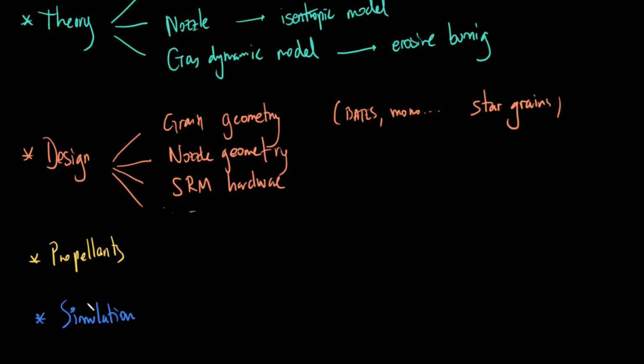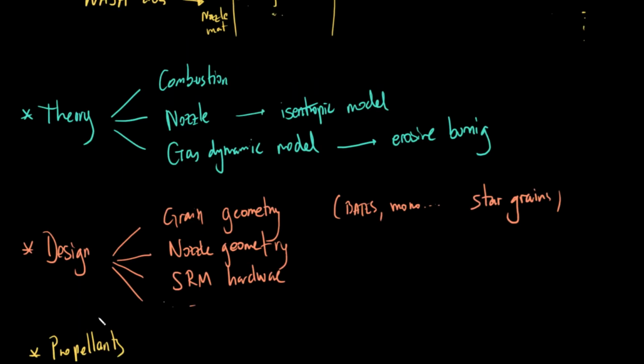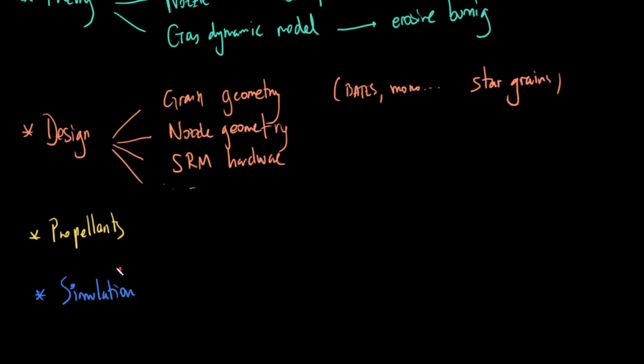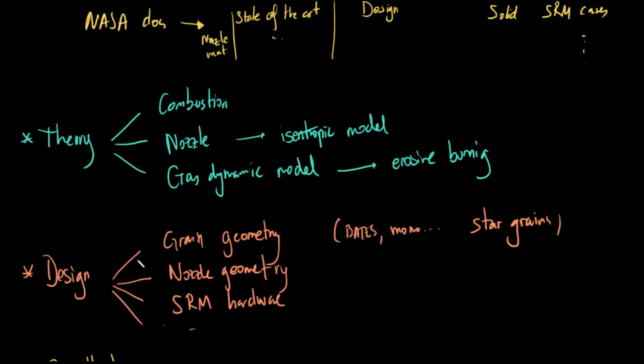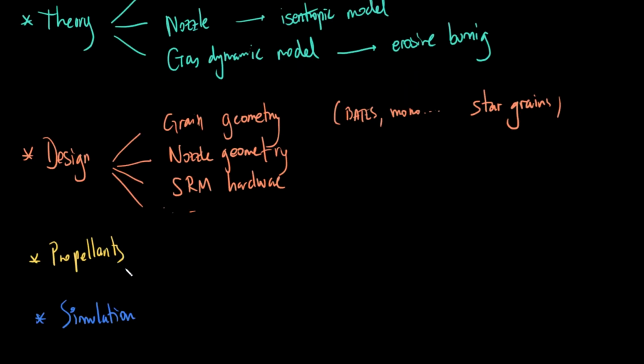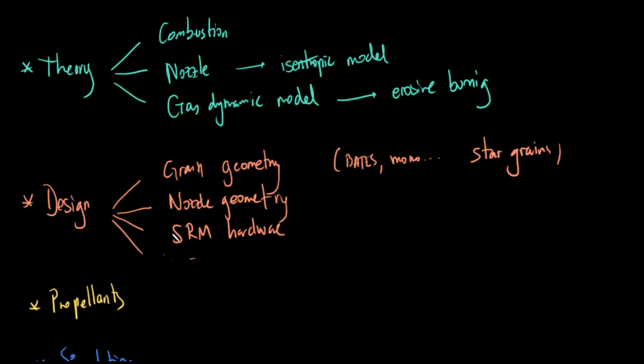So, simulation of a solid rocket motor is not as easy to predict. Maybe to model, the programs we're gonna need are kind of complicated if you're not that familiar with programming gas dynamics, fluid dynamics.